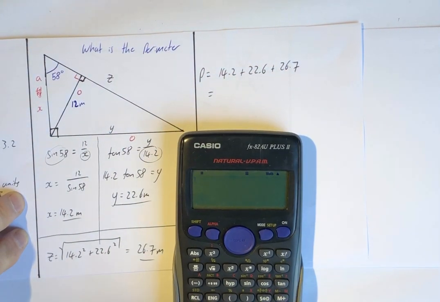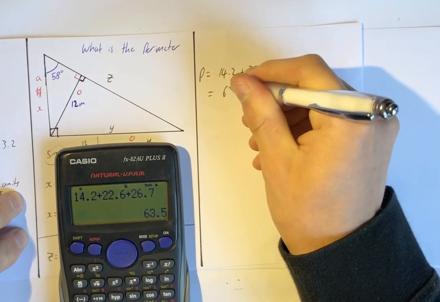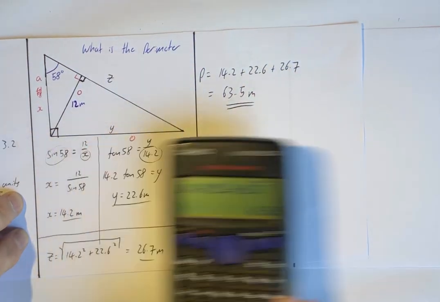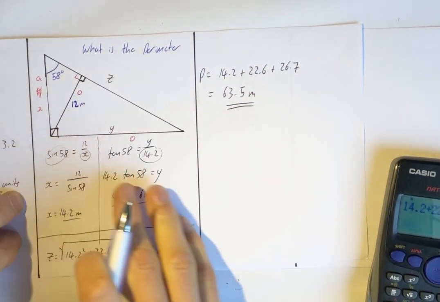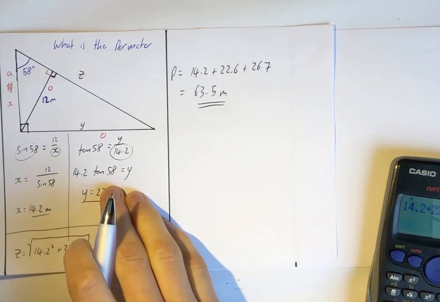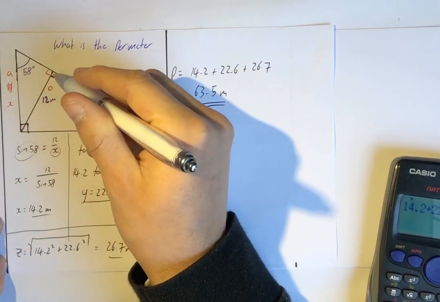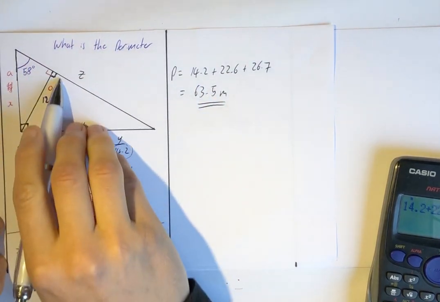I'm not going to try to do it in my head. 14.2 plus 22.6 plus 26.7. We have a perimeter of 63.5 meters. Amazing how much information you can get out of a right angle triangle given just a vertical distance from one side and an angle.